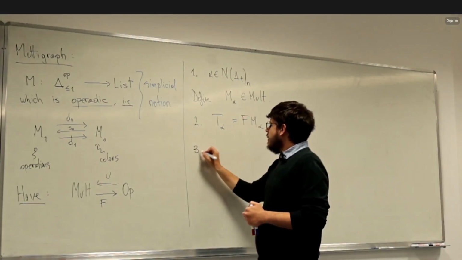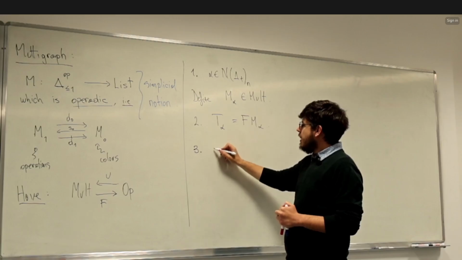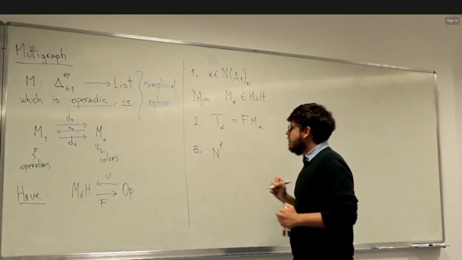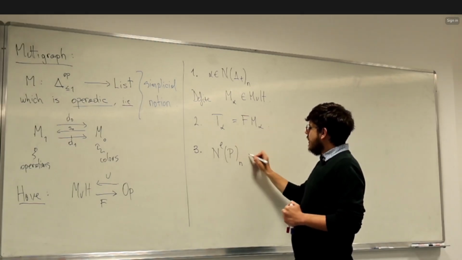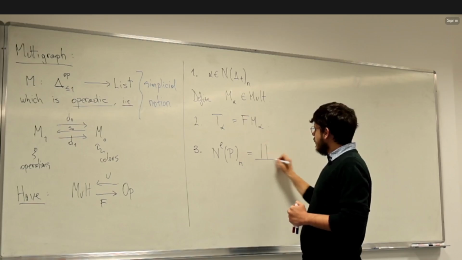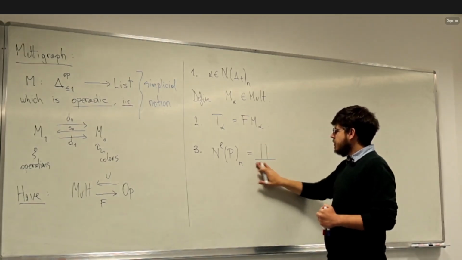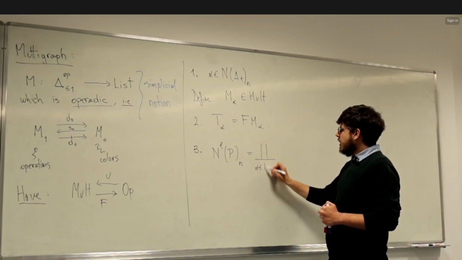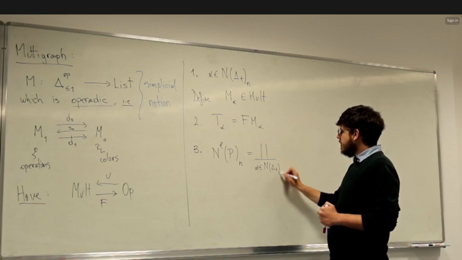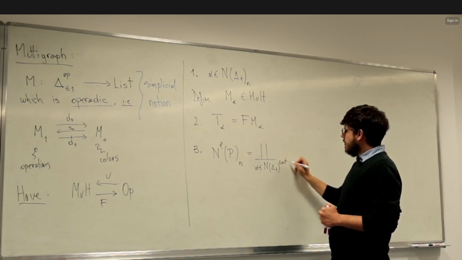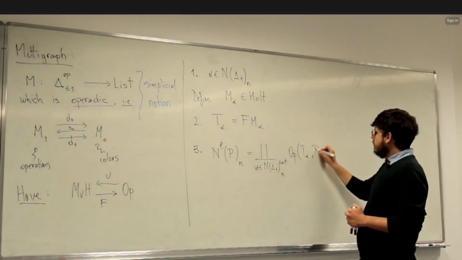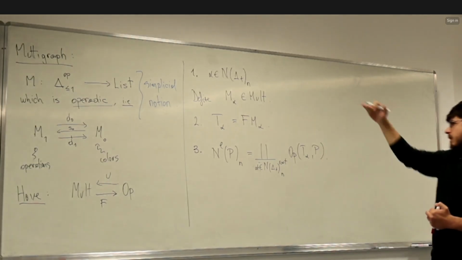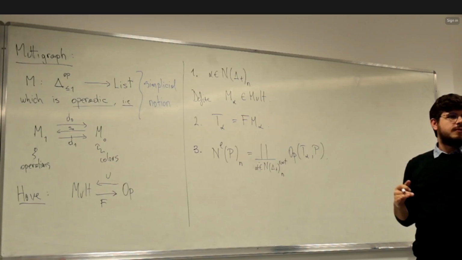And then three, you define the nerve of an operad P: you define an n-simplex to be, you take all of these level trees, these have to be rooted, and you take maps of operads from T alpha to P. So this is the order of things.